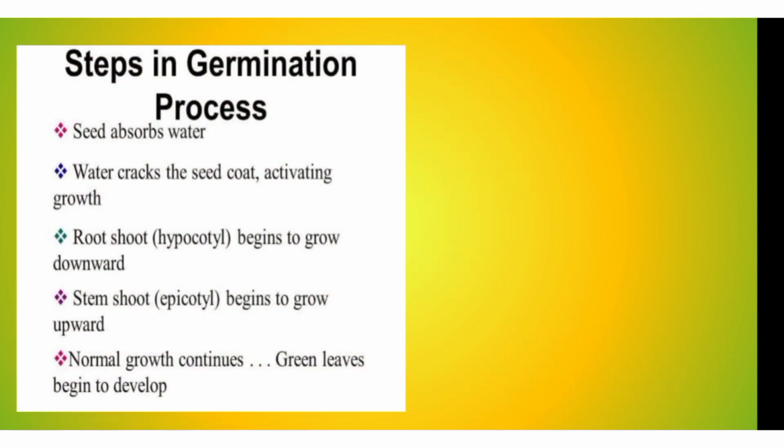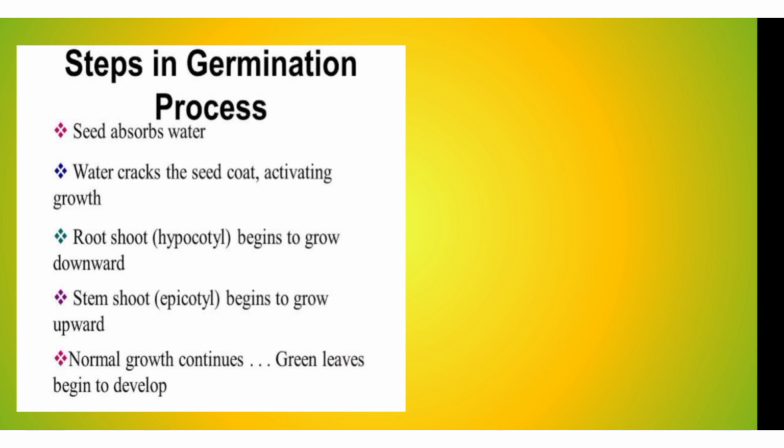So steps in germination process, we have seeds absorb water, which is imbibing of water. Water cracks the seed coat, activating the growth. So the seed coat or the testa will now be cracking. The root shoot, which is called the hypocotyl, begins to grow downward.